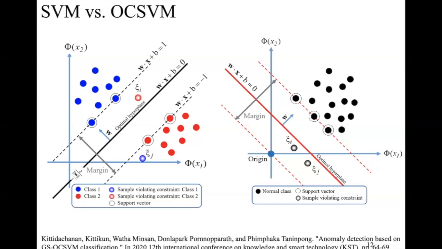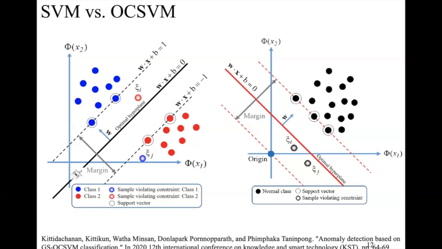The biggest difference between the two is that for the SVM we need two-class data, but for OCSVM we just need one. But if we only have one class, how do we build the hyperplane? The key idea is we view the origin as another cluster.